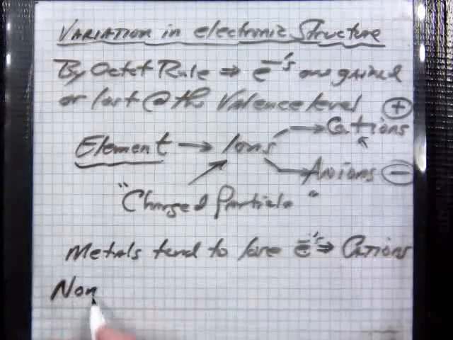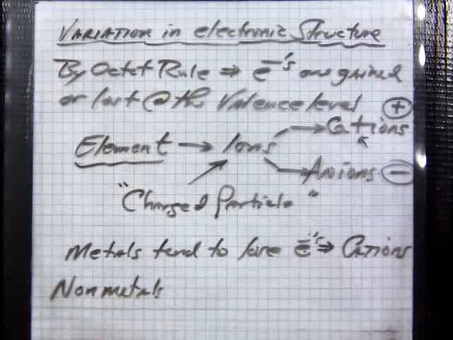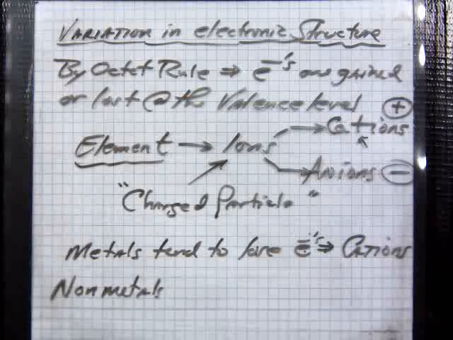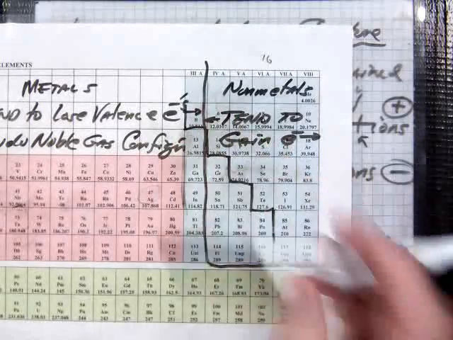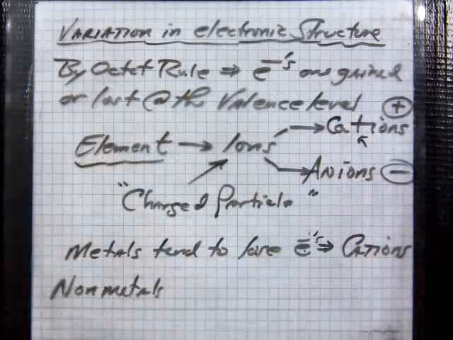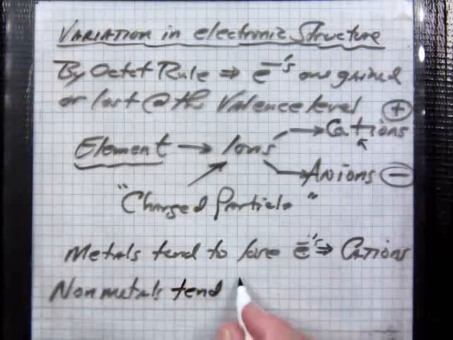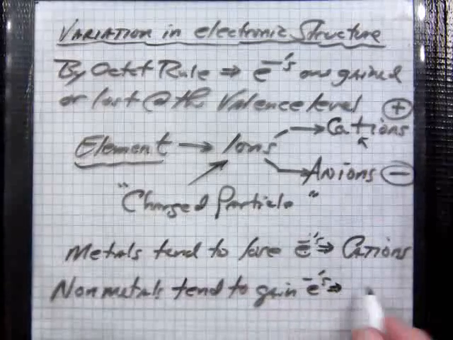Nonmetals, and we include all of those elements to the right of that staircase in the periodic table as nonmetals in this discussion, and all the elements to the left of that staircase are your metals. And so the nonmetals tend to gain, as we explained earlier, and these produce anions.